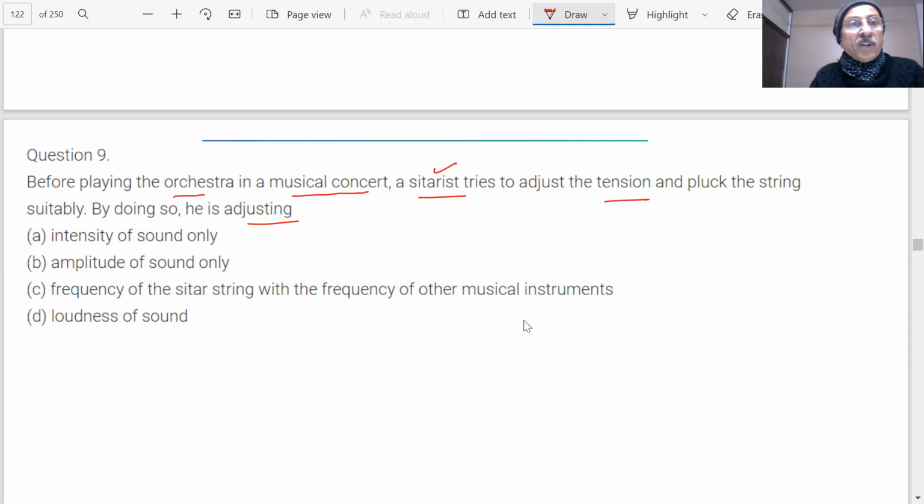Sitar is trying to adjust intensity of the sound, amplitude, frequency of the sitar string, frequency of other musical instruments, loudness of the sound. What is he adjusting, students?